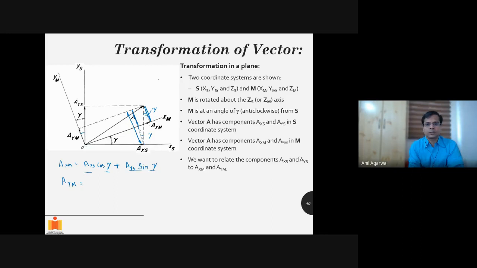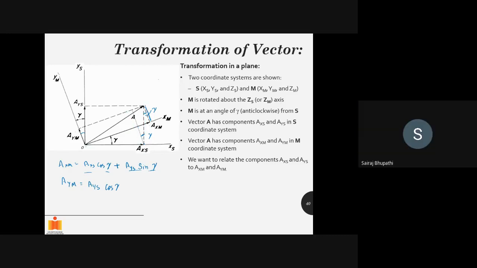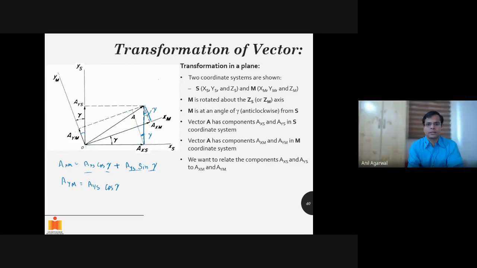It will be a projection of this one. AYS, this is AYS cos gamma. Is it true or not? This angle is gamma, so AYS cos gamma will give me this length. Agreed? Because this angle has to be 90 degrees.